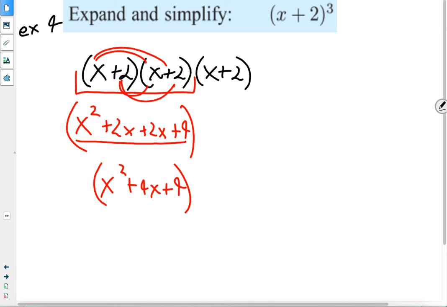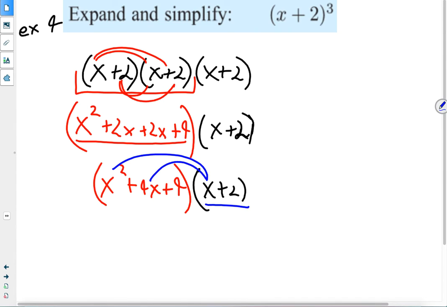So now I still have to multiply this by the x plus 2 here that has just kind of been dropped down, and we've just been kind of leaving it off to the side to deal with later. So now, to fully simplify, we need to double distribute. So I like to use the smaller terms over here, and I just do x times this, x times that, and x times that.